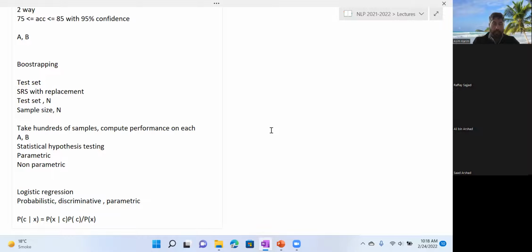So the left-hand side is often called a posterior probability because it gives you the probability of the class given the document, or given the representation of the document. And the right-hand side has several components.